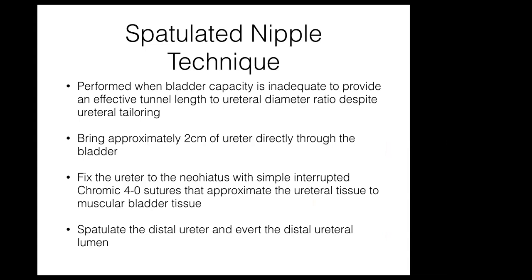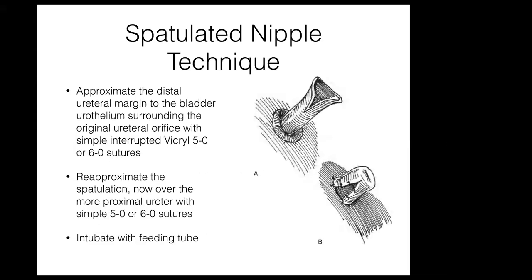And then you fix the ureter to the neohiatus with simple interrupted chromic 4-0 sutures that approximate the ureteral tissue to the muscular bladder tissue. And then you spatulate that distal end and divert the distal ureteral lumen. And so 2 cm, and then you spatulate, and then you avert.